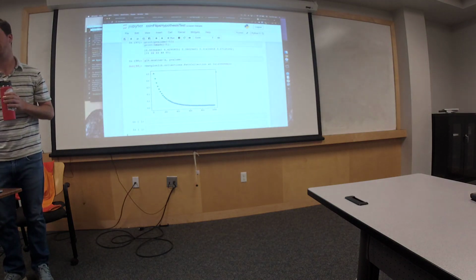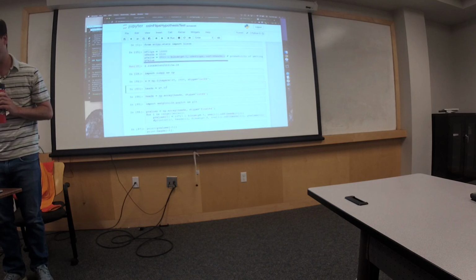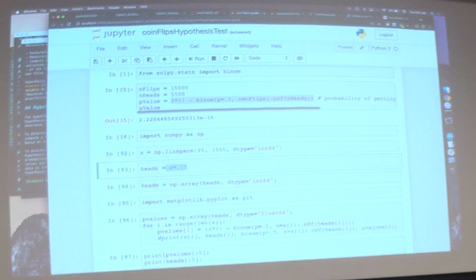Yeah. So I figured out what stupid thing I was doing. When I was computing the number of heads, I said the number of heads that we got was 105% of the number of coin flips instead of 55%. So probability of getting more than all of the flipped heads is of course 0, which is why everything's 0.